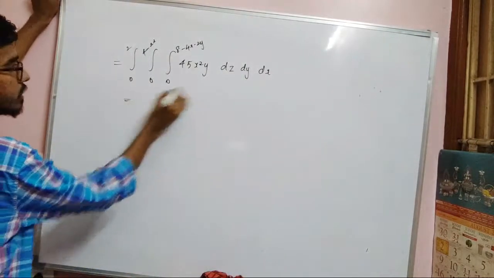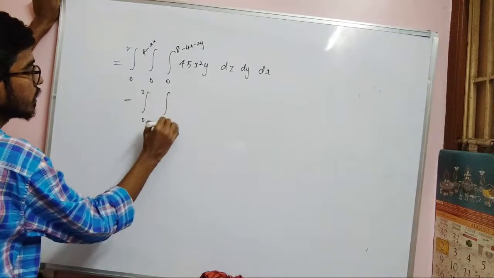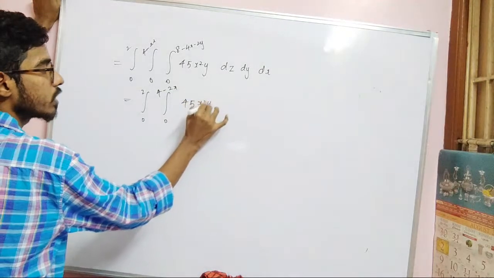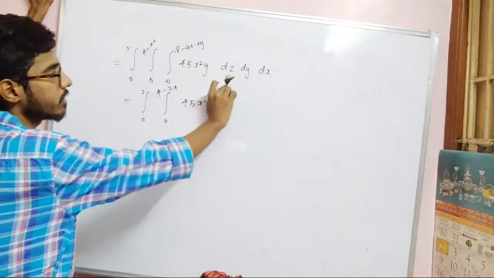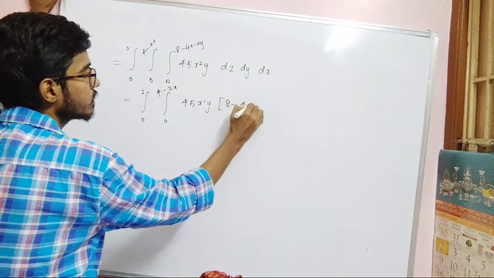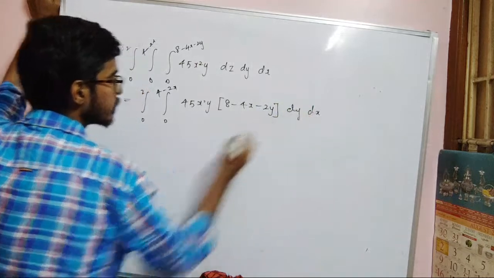You can see this is independent of z. So this will be integral 0 to 2, integral 0 to 4 minus 2x. 45 x square y I can take as constant, and the integral of dz is z. So the upper limit is 8 minus 4x minus 2y, dy dx.